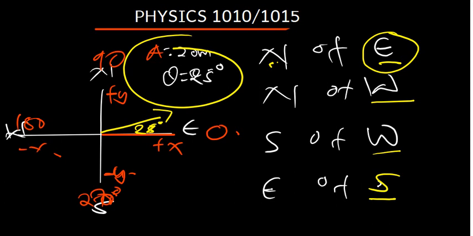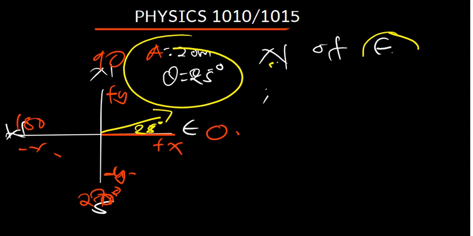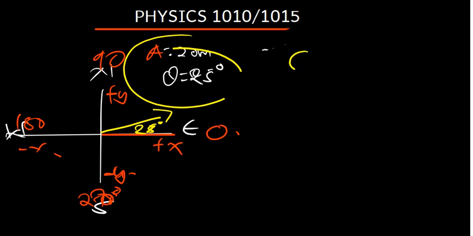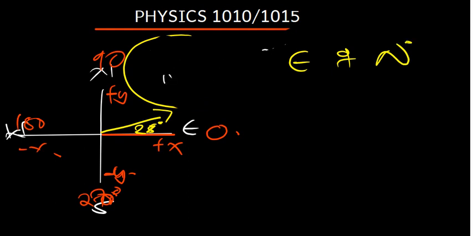Now, here is the confusion. Let's say you have vector A, which is 25 degrees, east of north, meaning the angle is near what? Come on.